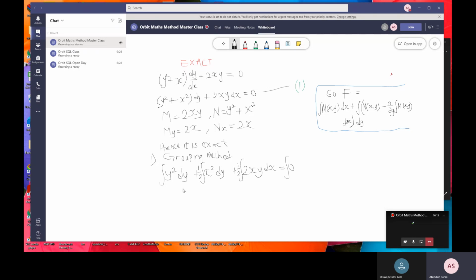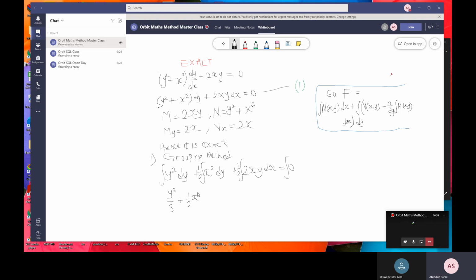So if I integrate y squared with respect to y, I will have y raised to power 3 over 3. Then I will have plus half. Then if I integrate x squared with respect to y, x squared is a constant, so I'll just give x squared here.